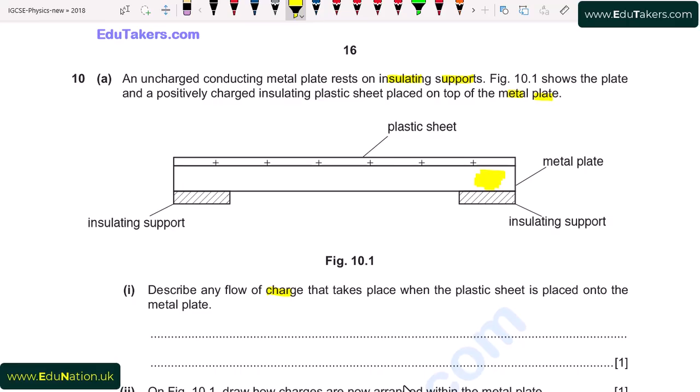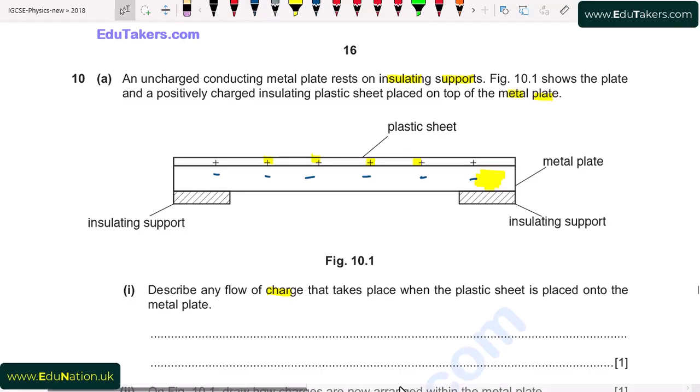So in figure 10.1 we can see that the sheet is positively charged, and the metal plate has negative charge, because in metals there are free electrons. Both of these charges are of opposite kind, due to which positive and negative charges attract each other, or we can simply say that the negative charges in the metal move towards the plastic sheet.